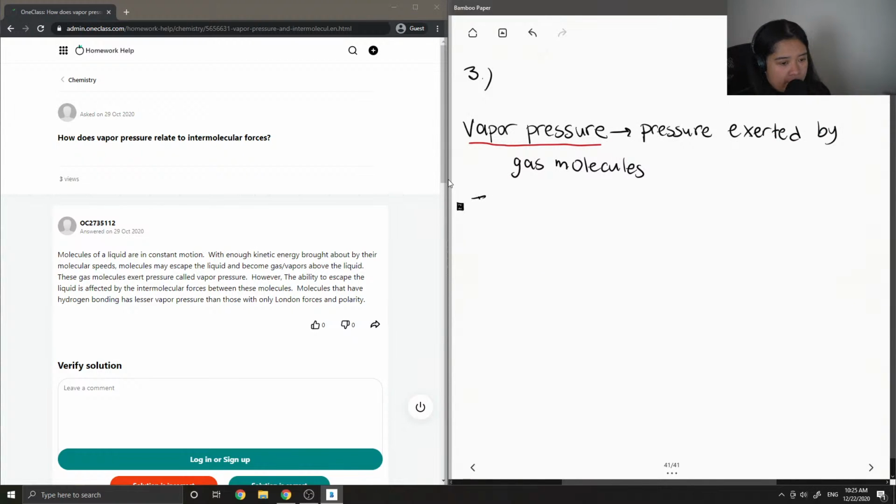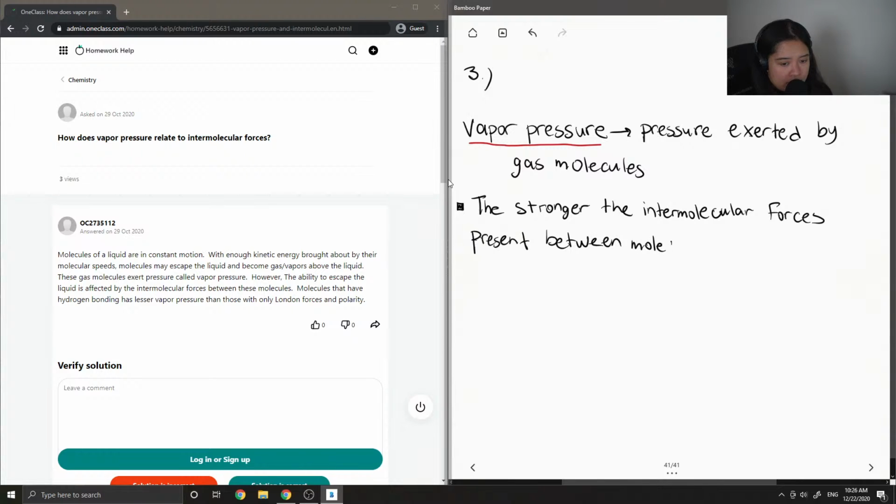Okay, so let me just write down here. When you have stronger intermolecular forces, so the stronger the intermolecular forces present between molecules, the lower the vapor pressure.